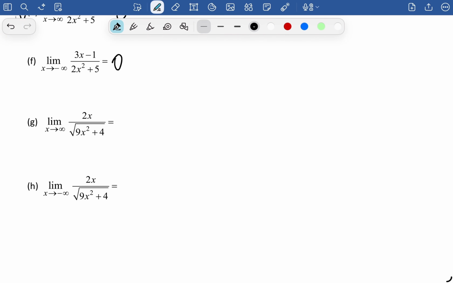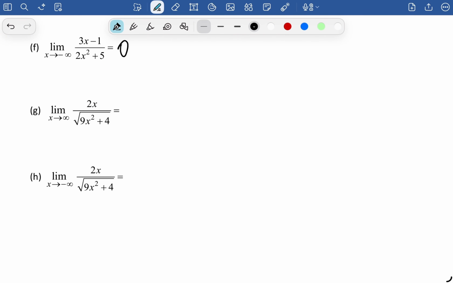Okay, what about this? These two are tricky ones. But we can apply the same rule. We divide the whole thing by its highest power. But what is its highest power? Its highest power is the square root of x squared over here, right? So we can divide the whole thing by the square root of x squared.